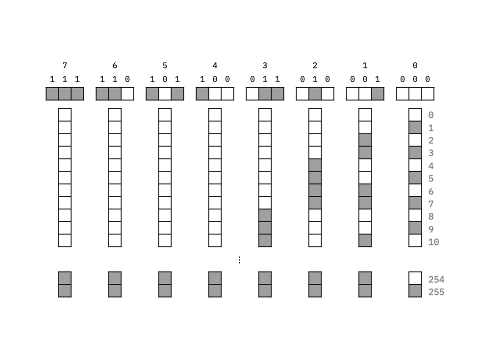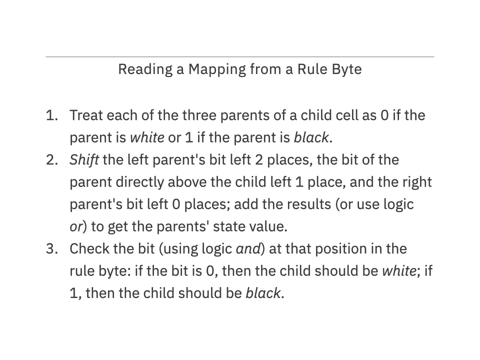Now the problem becomes, given a byte that represents a rule, how can we determine whether a given child cell should be colored black or white? As before, we're going to have to look at the 3 parents of a given child. This time, however, we're going to treat each parent as a bit with value 0 if the parent is white, or 1 if the parent is black.